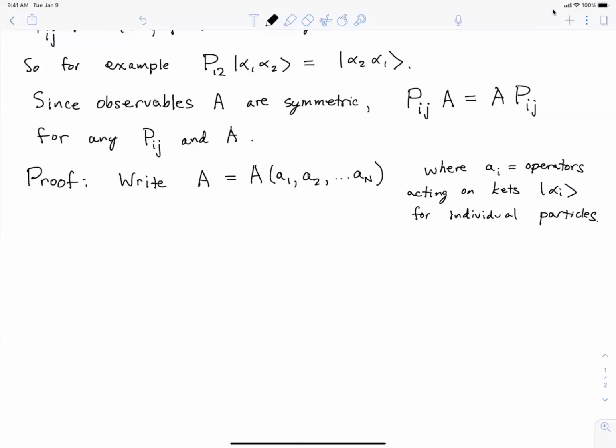Okay, so now let's just compute Pij acting on this A. And I'm just going to distinguish here the labels for the ith and the jth particle that we've chosen, and the same thing for a state that it's acting on.